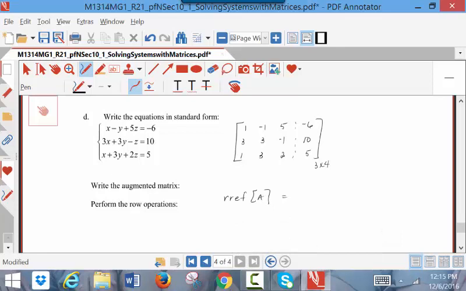When we do the reduced row echelon form, we come up with this result on the calculator. So ultimately my x value is 1, y is 2, and z is -1. Don't we love calculators?